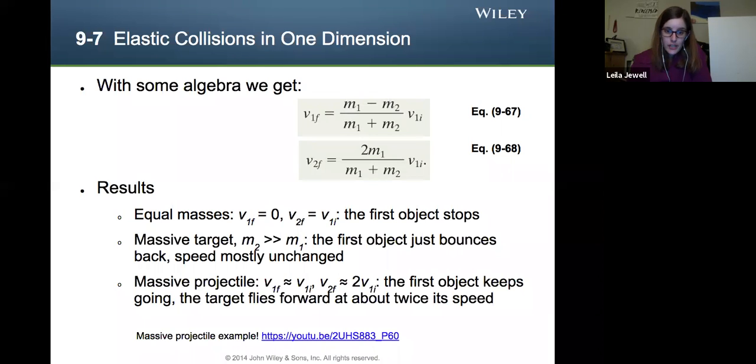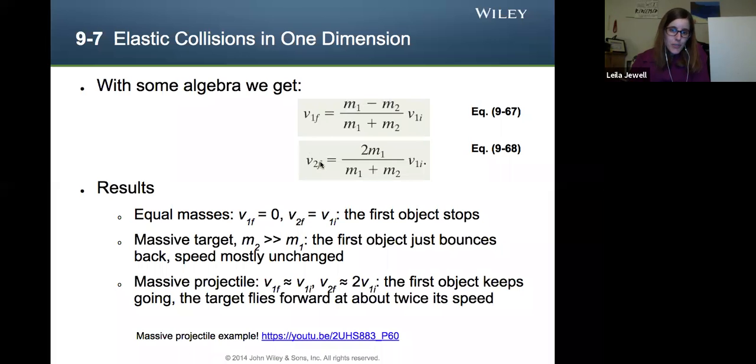So you do want to put in a positive or negative sign depending on the direction that it is going. You also could have a massive projectile where m1 is much, much bigger than m2. And in that case, as we check this equation, our m2s would sort of disappear, and we'd be left with the final velocity of 1 of this projectile is equal to m1 over m1, basically 1 times v1i. Basically, if the bowling ball comes in to hit the ping pong ball, the bowling ball is going to keep going. It's not going to stop.